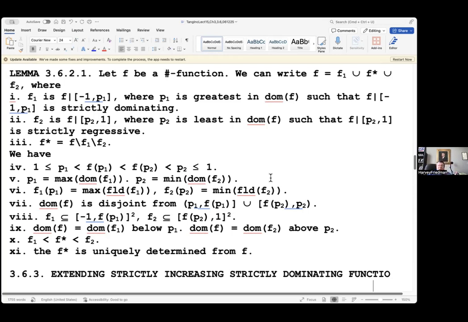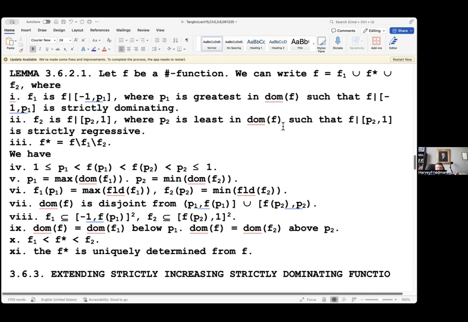This starts off strictly dominating because f of -1 is less than 1. This starts off strictly regressive because f of -1 is smaller than -1.